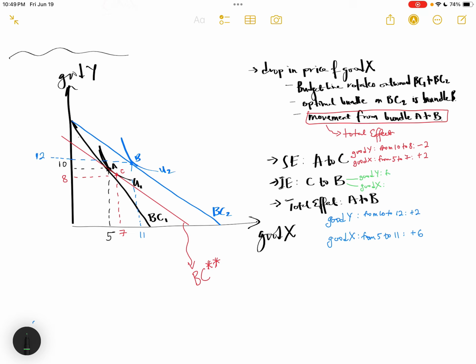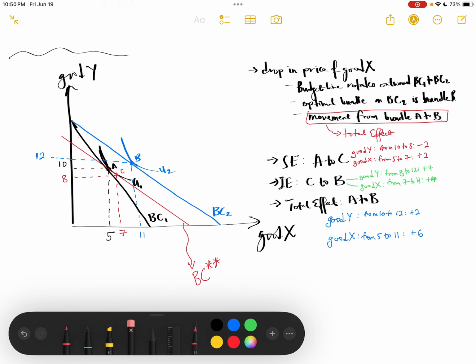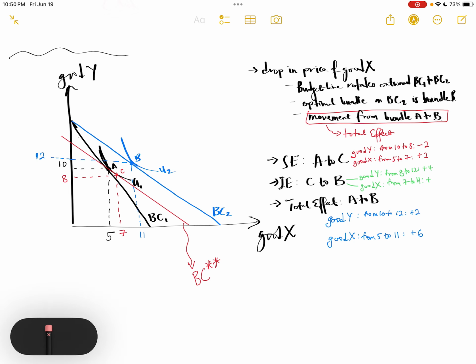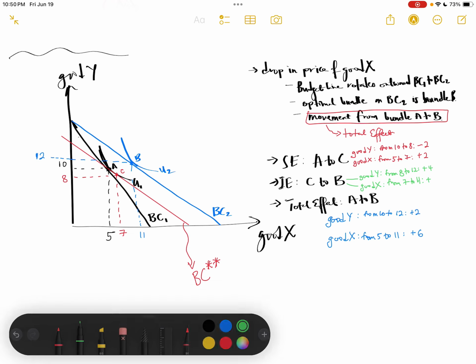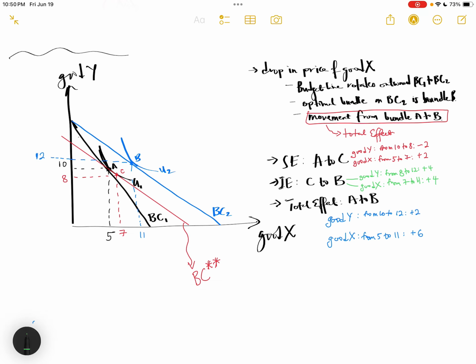So from 8 to 12, that's an additional plus 4 units of good Y. And then for good X, C to B, 7 to 11. From 7 to 11, that's an additional plus 4 units of good X. Good.